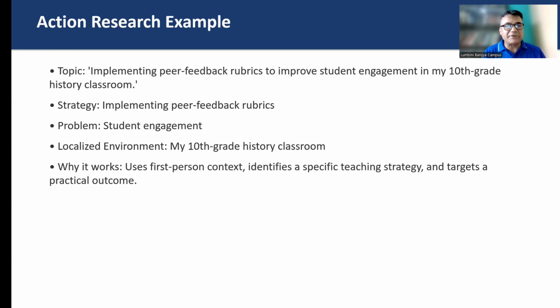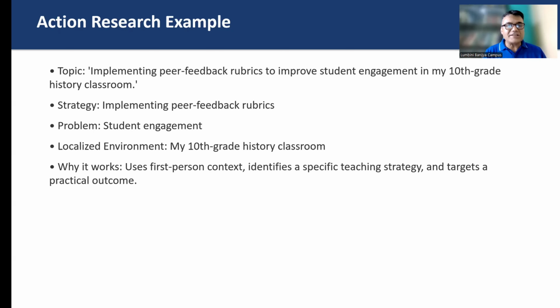Let's take one example. Okay, topic: implementing peer feedback rubrics to improve students' engagement in my 10th grade history classroom. Peer means fellow teacher, colleagues. Feedback given by your fellow teacher, especially in teaching 10th grade, associated with the history classroom, your classroom.